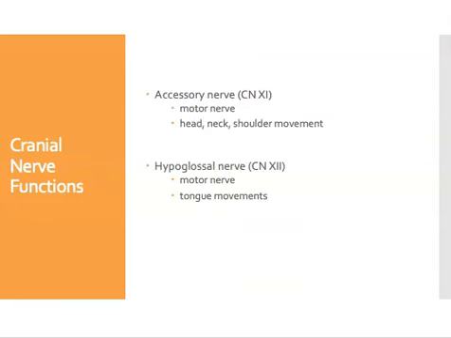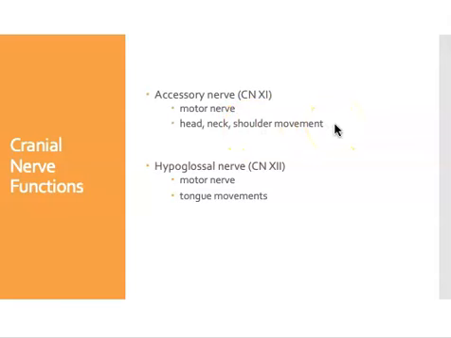The last two nerves are the accessory nerve, which is cranial nerve 11, and the hypoglossal nerve, which is cranial nerve 12. The accessory nerve is the last one that has a difficult name because it doesn't give us a lot of information. It's a motor nerve. It provides motor function for head, neck, and shoulder movements.